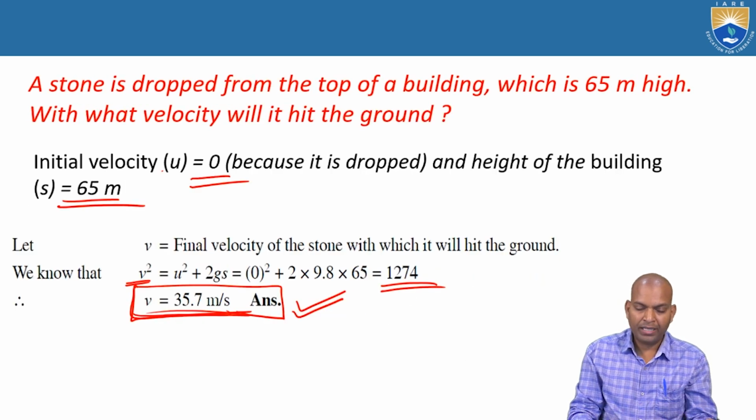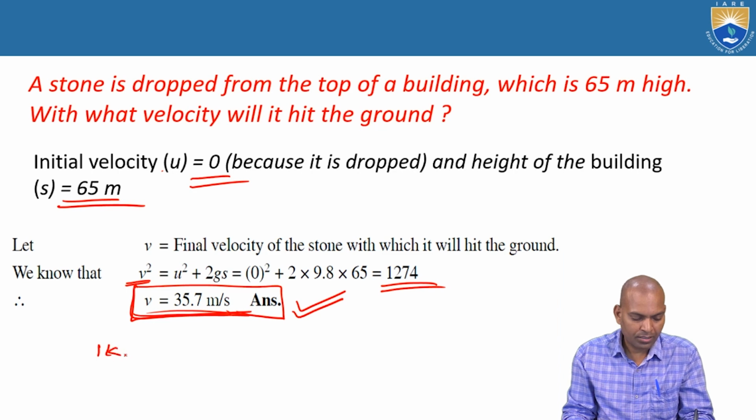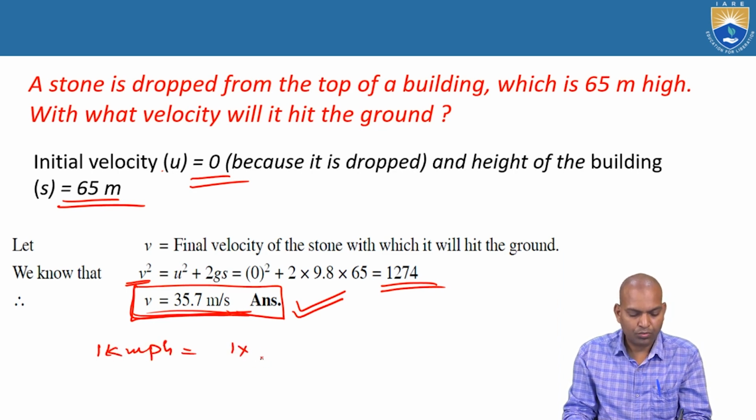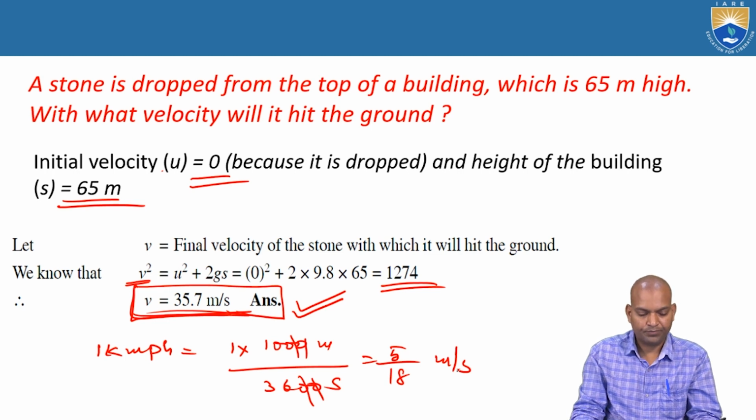If we convert into kmph, then you can understand with what kilometers per hour it is hitting. Let us take 1 kmph: 1 kilometer is 1000 meters, and an hour is 3600 seconds, so 1 kmph is equal to 5/18 meter per second.